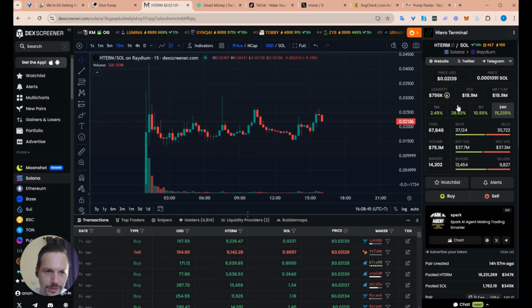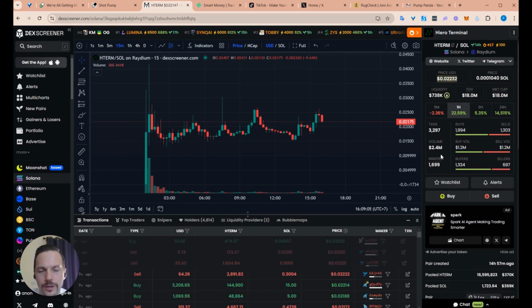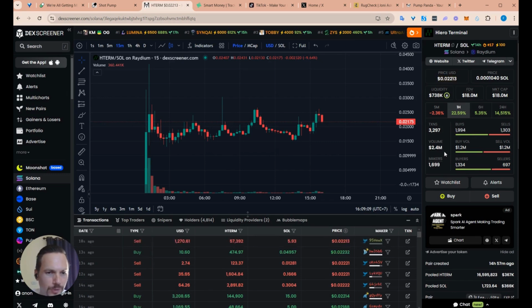Then another good indicator here is when the trading volume is rather increasing or is basically constant. So if I'm looking at 24 hours and I have a total trading volume of 75 million, now I'm going to look at the last hour. I have 2.5 million, which means if I project that over the 24 hours, I would roughly come to that amount in total.